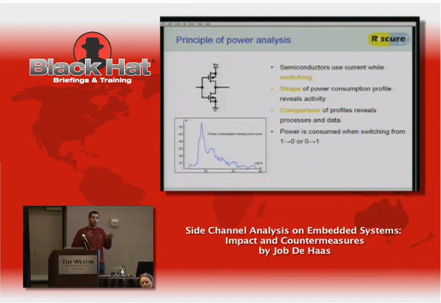And of course, a lot of things are going on, but at least some of those switches depend on, for instance, the key, if it's doing some part of the crypto operation that uses that key. So you'll find that there's a correlation between the power consumption at a certain moment in time, depending on the switches, and the switches depending on what actually the key was. And that's what we're searching for.